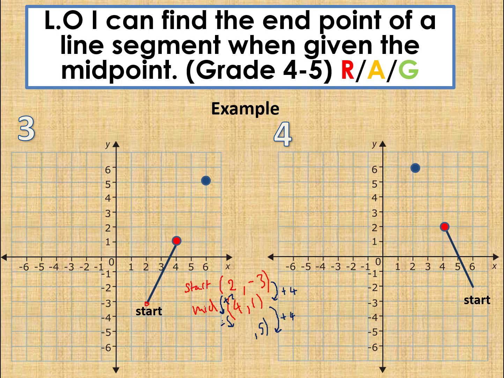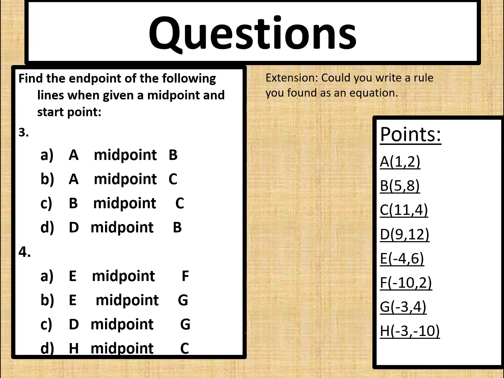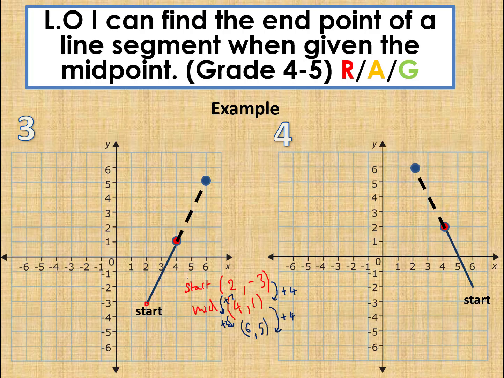So we're going to plus 2 to the x as well. And that's 6. And hopefully that really makes sense to you guys. Right, let's see if you got those two correct. And you can see that that endpoint is 6, 5. And from the start, that's 2, 6. But you're going to get plenty of practice later.